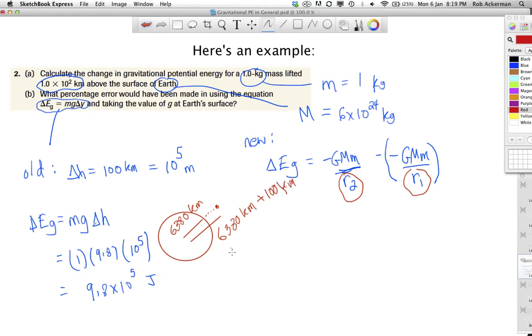What happens now is you've got 6,480 kilometers. Of course, don't forget, you have to convert to meters all the time, right?